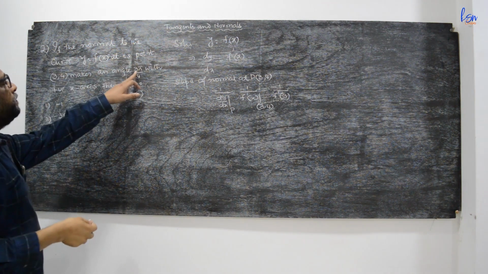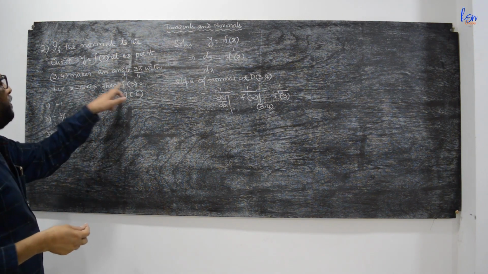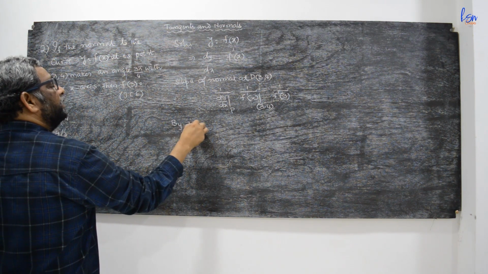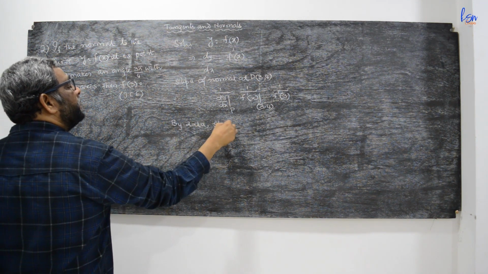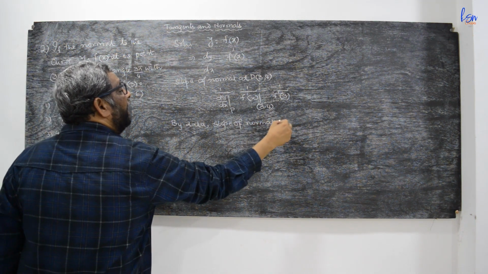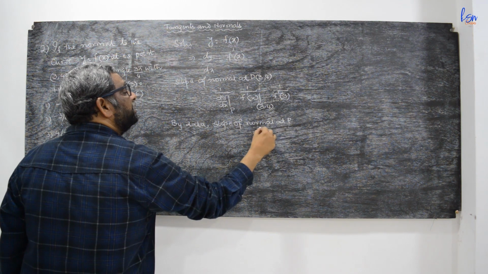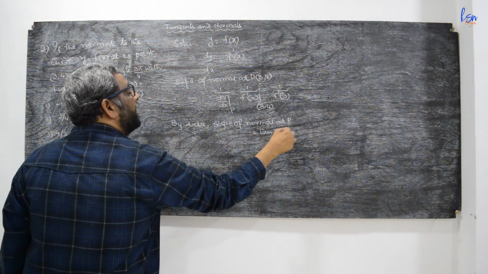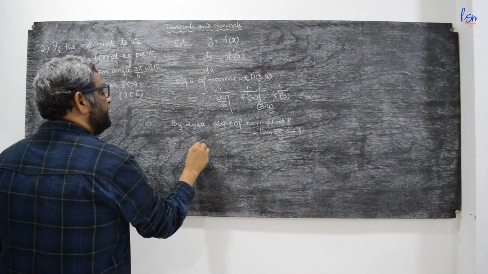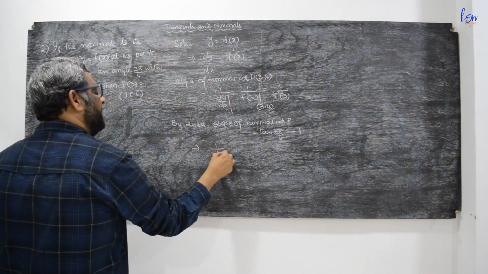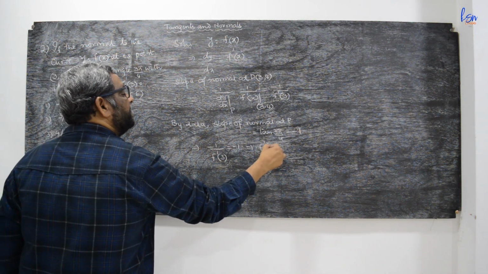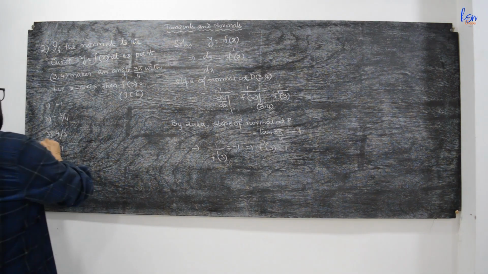It is given that the normal is making an angle 3 pi by 4 with the positive x-axis. By data, slope of the normal at P is equal to tan 3 pi by 4 is equal to minus 1, which implies minus 1 by f dash 3 is equal to minus 1, which implies f dash 3 is equal to 1. So the fourth option is the correct answer.